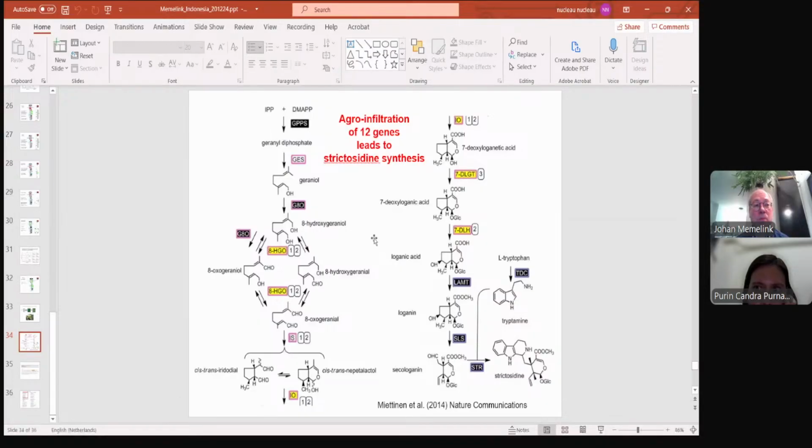So I think the work does not really contribute something to a model, because the model is already that most oxidations or hydroxylations in plant metabolism are catalyzed by P450 enzymes, and that's already known for a long time.